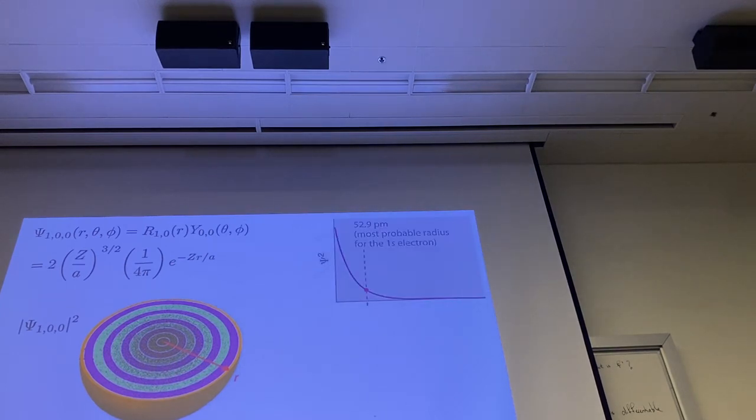So, if I plot this function, if I take psi 1,0,0, square it, and plot it along r, I get this, a decaying exponential. But that's not the probability of finding the electron at the given radius. Okay?